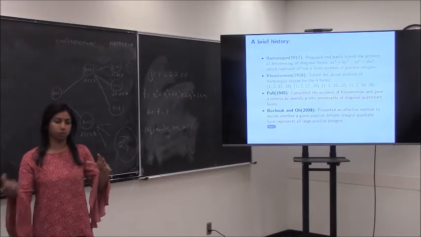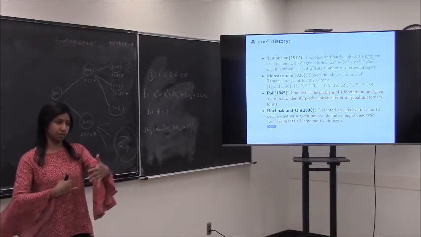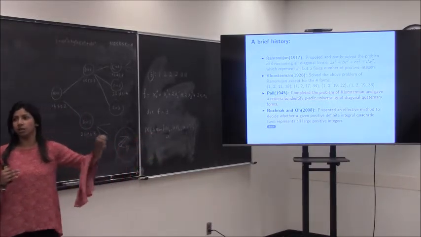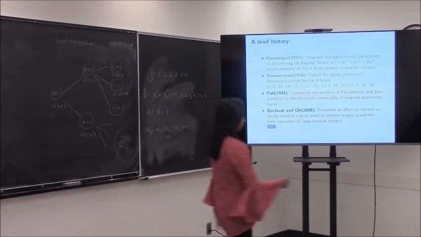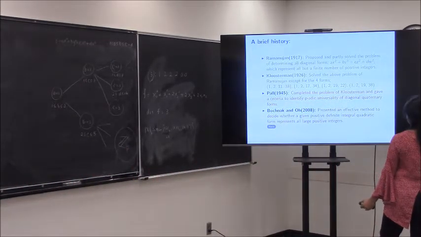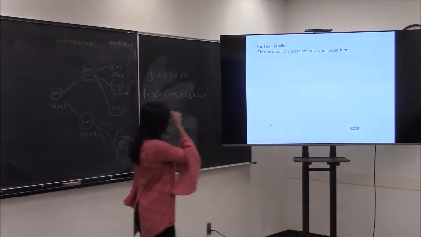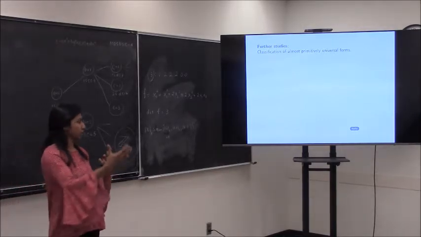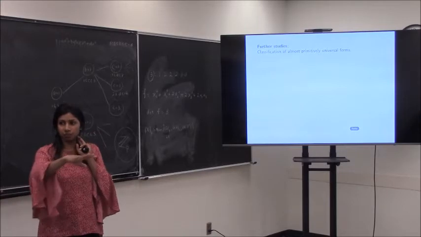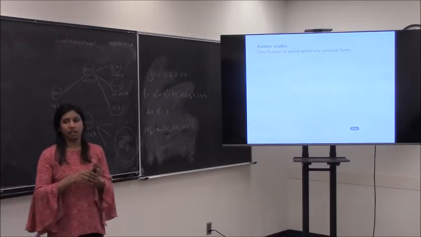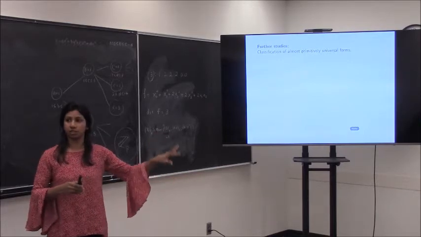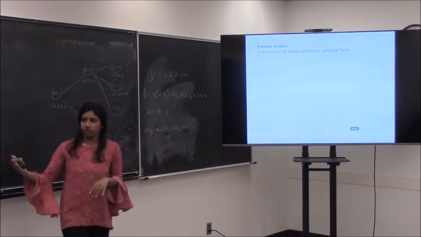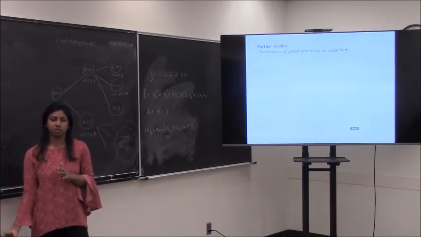You can check some conditions or criteria and conclude whether a form is almost universal or not. Likewise, what we are going to prove is: for almost primitively universal forms, can we do the same? Can we come up with a criterion or efficient method so we can check some conditions and conclude whether a form is almost primitively universal or not? With our previous result, for dimension greater than 5, almost universal forms and almost primitively universal forms are the same.